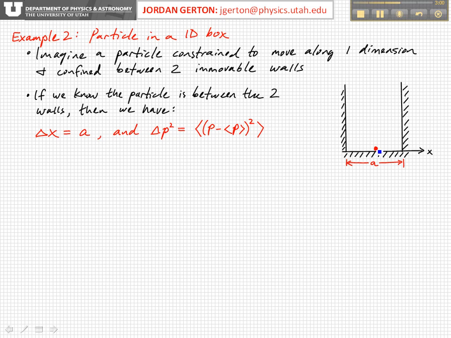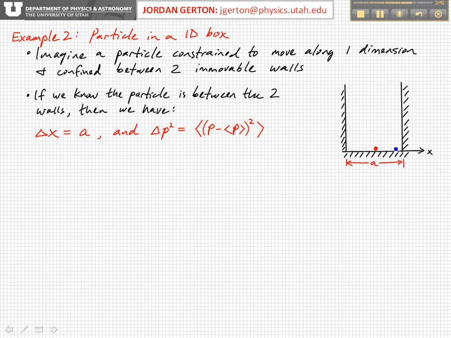Okay, so it's confined within the two walls, and the separation between the walls will just give a generic dimension A. So if we set up the problem this way, so that we know that the particle is in the box, that is, it's confined between these two walls, then we know its position to a precision of A. So we know delta x is equal to A. That is, we don't know the position any better than A, and we know that it can't be any more than A because we know that it's somewhere in this box.